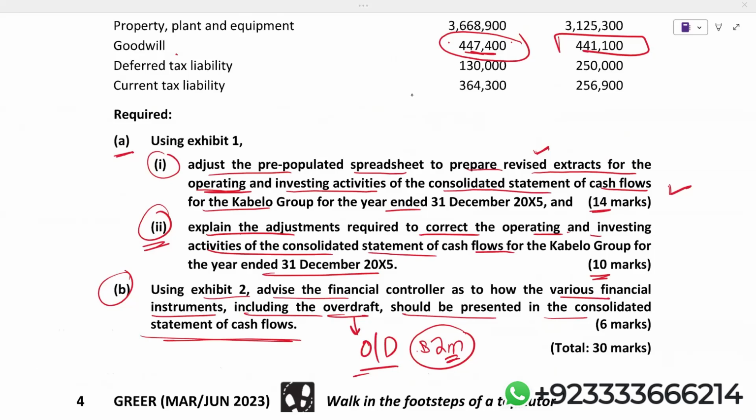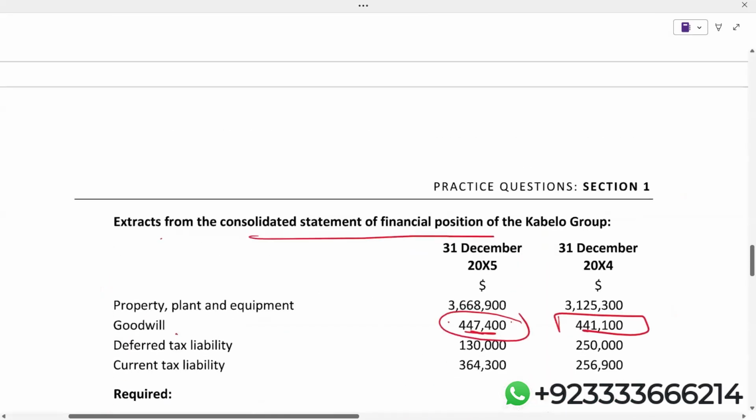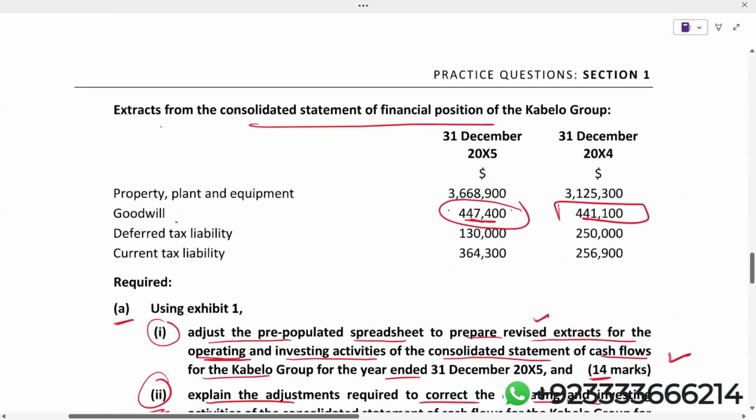Of course, impairment in your assets T account always comes on the credit side. Impairment actually reduces your asset, and the credit side reduces your asset, not the debit. Please, exams are very near.